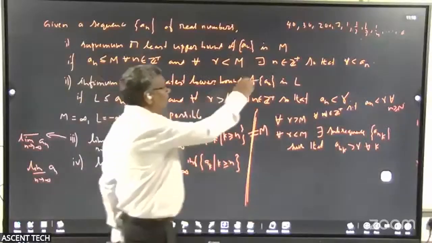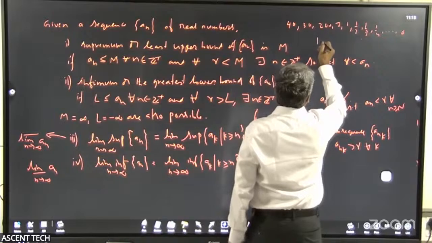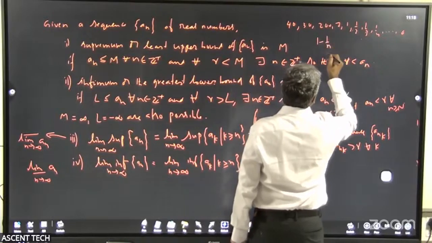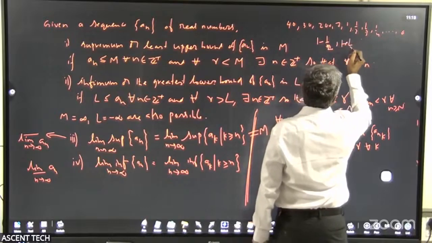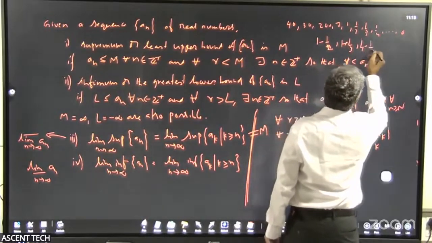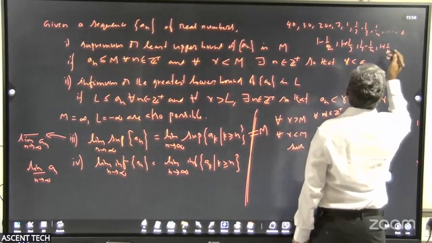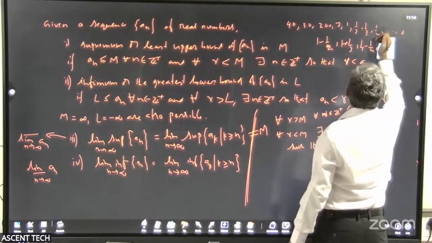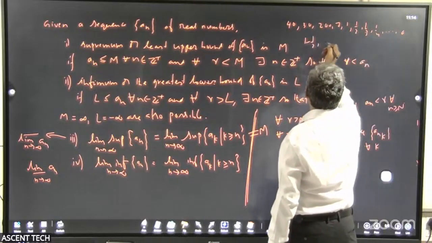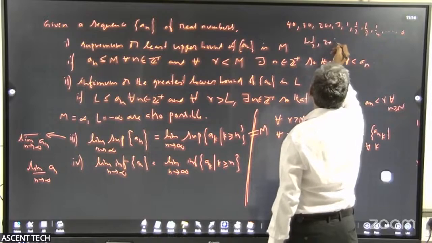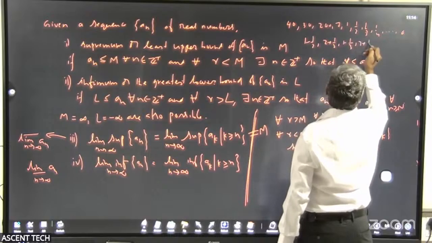Every peak will become a supremum. No, look at 1 plus 1 by 2, 2 plus 1 by 3, 1 plus 1 by 4, 2 plus 1 by 5.